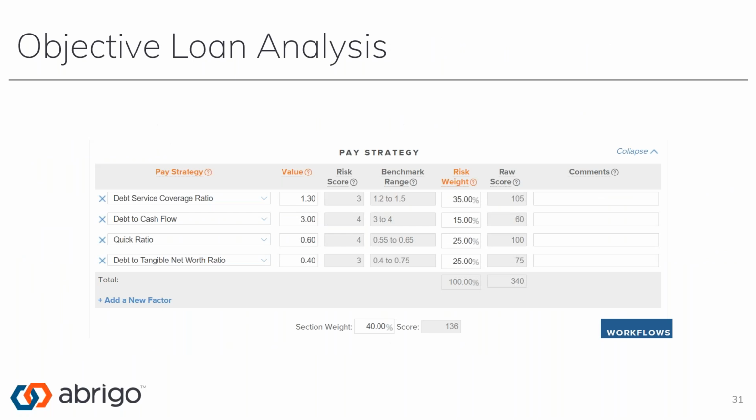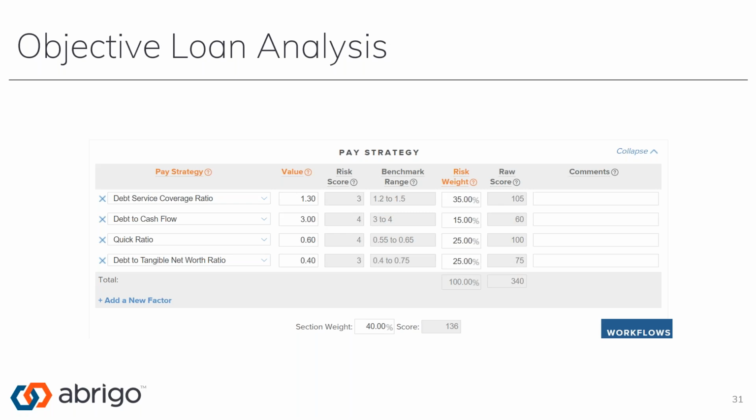All right, so here is typically how a risk grade matrix works, or a risk scoring model. Here you can see I broke mine up into things that we've been talking about so they make sense. Pay strategies, right? This is really capacity and cash position, like ratios.